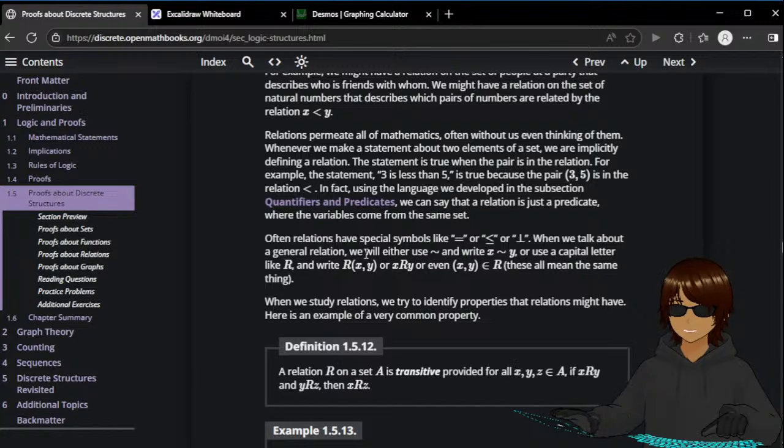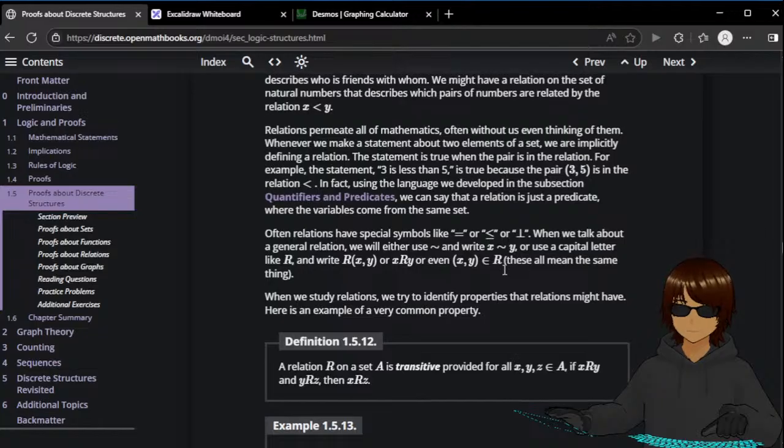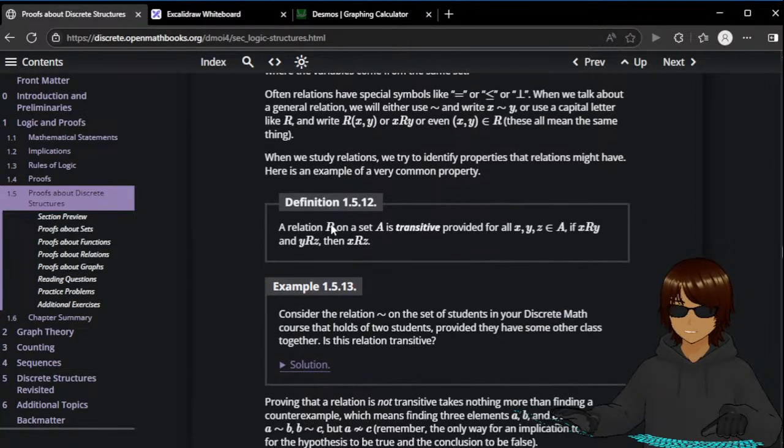When you talk about a general relation, we use either this and write x, I don't know what this notation is, x something y, or use a capital letter like R and write R of x and y, or x R y, or even (x, y) is an element of R. A relation R on a set A is transitive provided for all x, y, z, if x R y and y R z, then x R z.